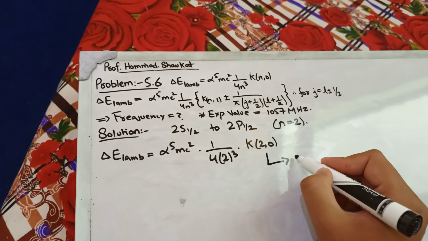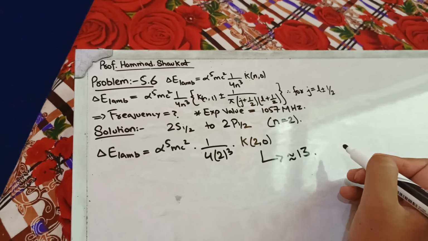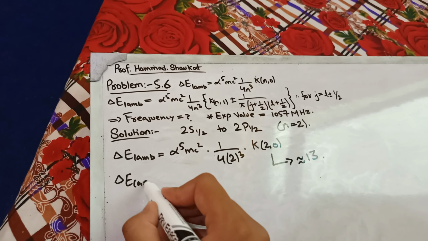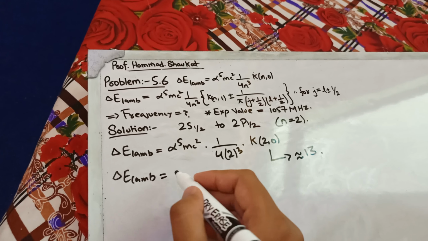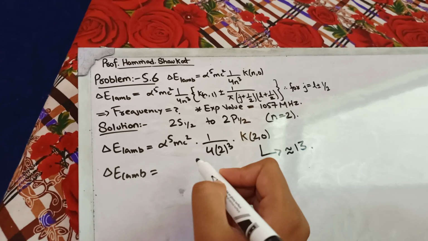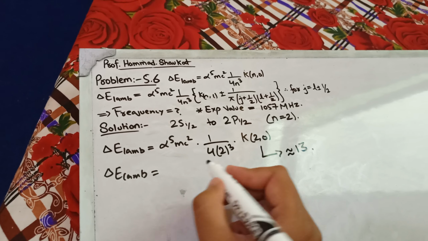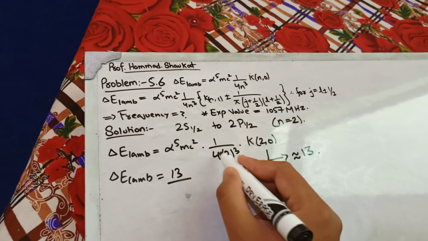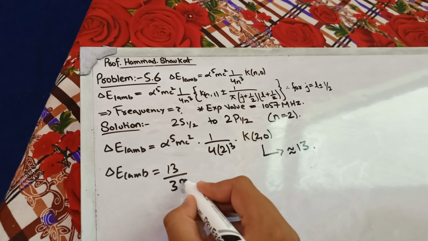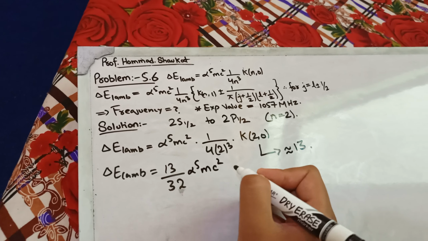The value of k_20 is approximately equal to 13. So after substituting, ΔE_S becomes 13 divided by 2³, that is 8, 8 times 4 is 32, times the same α^5 mc².